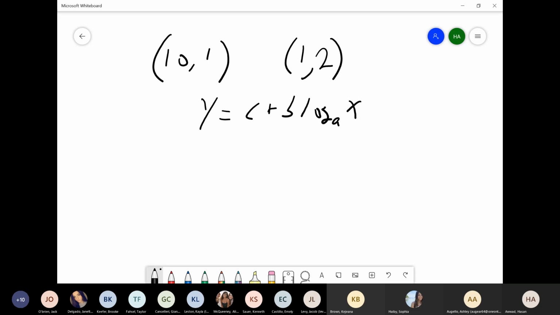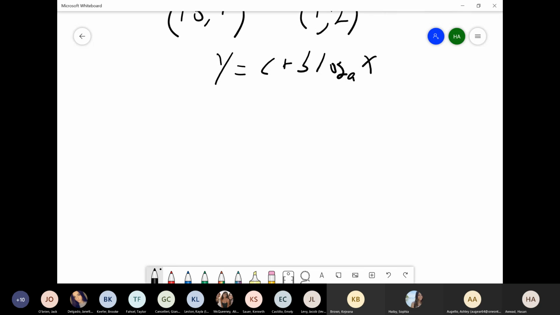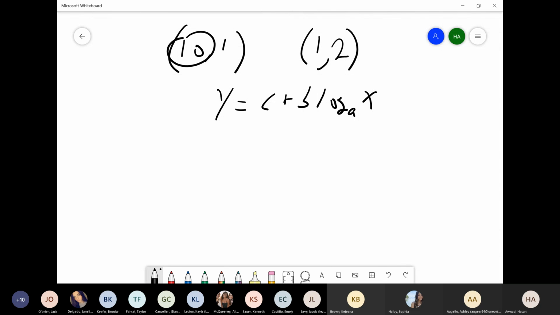But again, just to get you started, remember your first step from the lecture. Step 1 said, write out 2 equations given your solutions, right? So your 2 equations are, well, this is your x, right? 10 and 1 are your x, because those are your inputs in an ordered pair, and then 1 and 2 are your outputs. So those would be your y's.